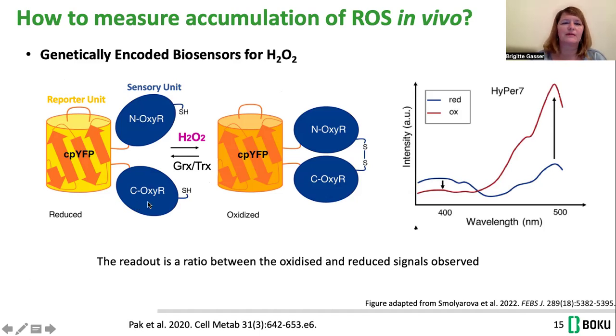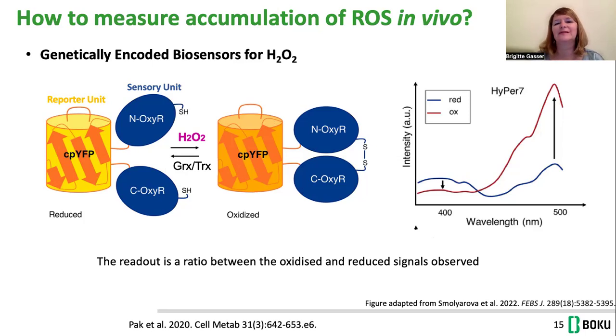For hydrogen peroxide, this is a combination called HyPer, which consists of a circularly permuted YFP as a reporter unit, and a hydrogen peroxide responsive transcription regulator from bacteria as a sensory unit, that when you add hydrogen peroxide gets oxidized, and with this oxidation, the wavelengths of the reporter unit change, and you have a peak here for the oxidized form in the excitation wavelengths that you don't have in the reduced form.